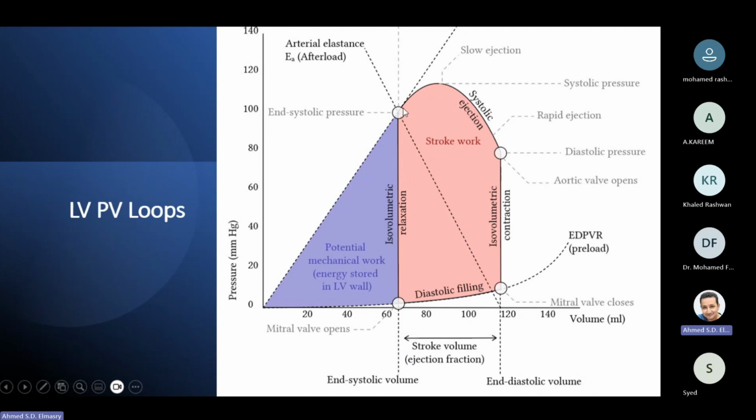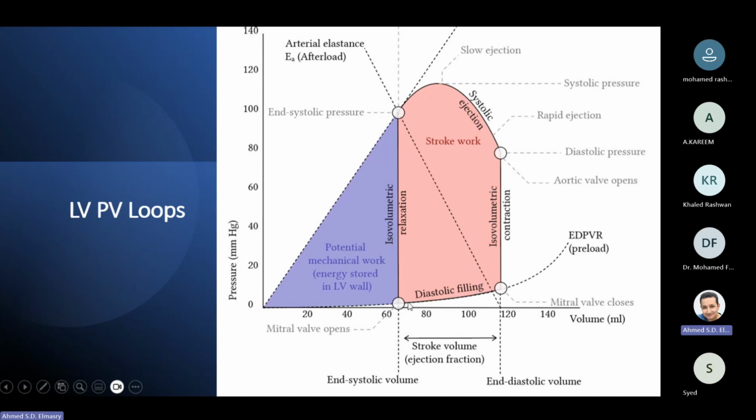And after that, the aortic valve will close, leading to initiation of the isovolumetric relaxation phase. You will not notice any change in the volume, but the pressure will markedly drop to this point at the end of the isovolumetric relaxation phase. And after that, the mitral valve will start opening here, leading to initiation of the diastolic filling.